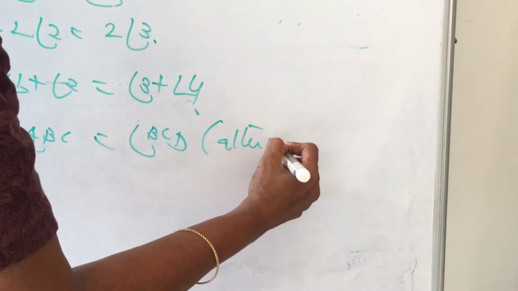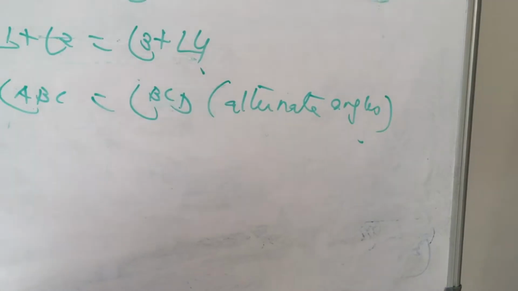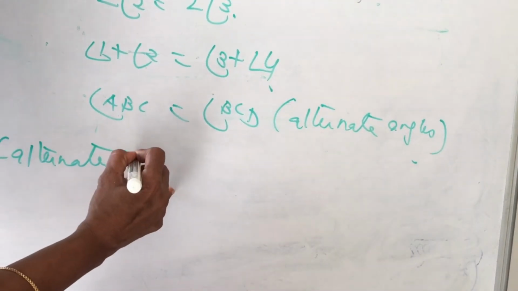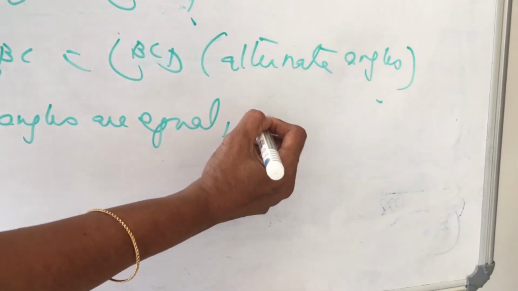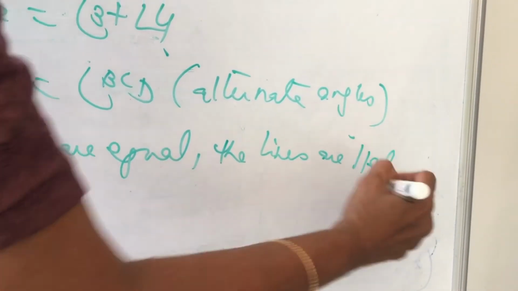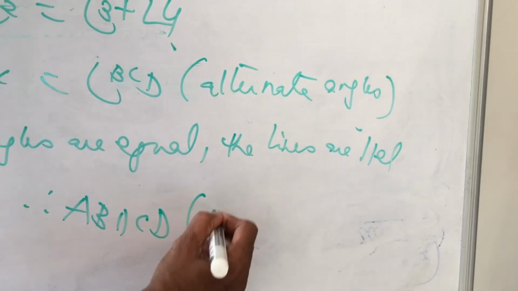If alternate angles are equal, the lines are parallel. Therefore, AB parallel to CD, that is proved.